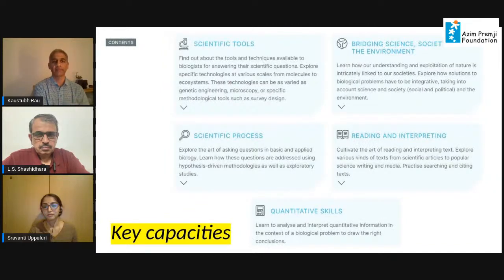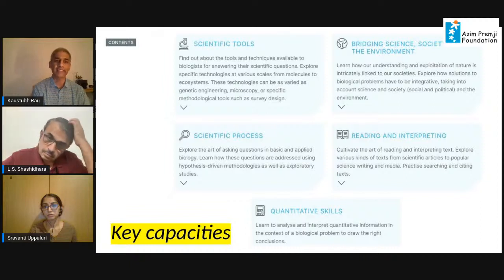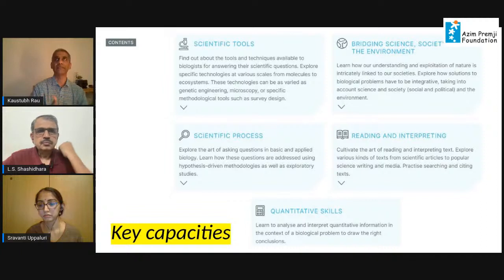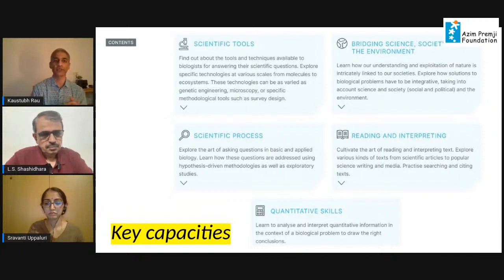And this is, I would say, one of the main features of the textbook that I would like to highlight, which is the capacities that we have tried to develop when writing the textbook. And Shravanti pointed this out, but it bears repeating that unlike typical textbooks which will have content and drive the narrative through that, we have chosen to drive each chapter through the capacities we would like students to develop when they are looking at that chapter.